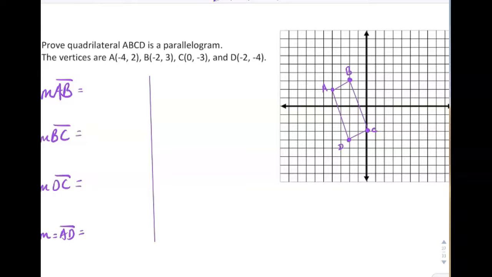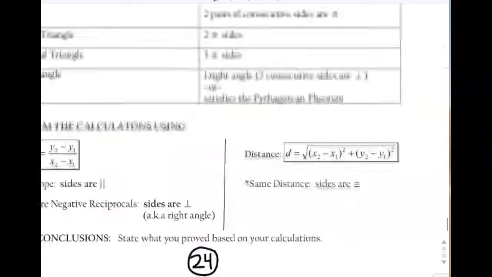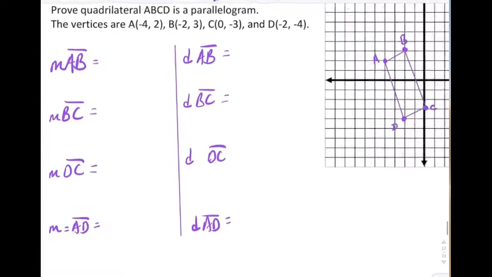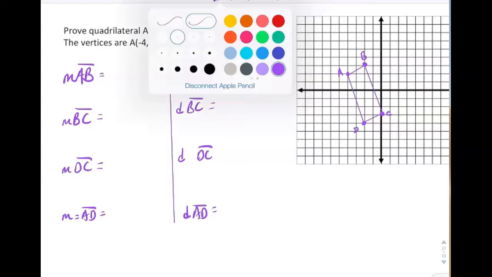Then we're going to find later on the distance of that same AB, the distance of BC, the distance of DC, and the distance of AD. So 4 slopes, 4 distances, and don't even worry about why yet. It's going to have to do with these reasons later. But right now, let's just practice our skill of slope and distance.